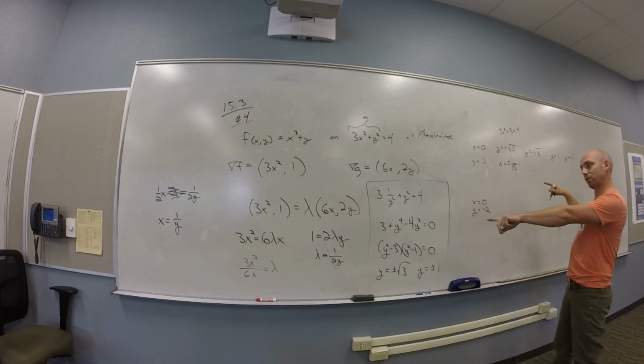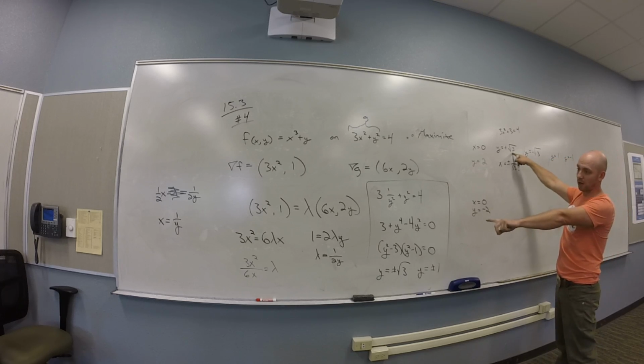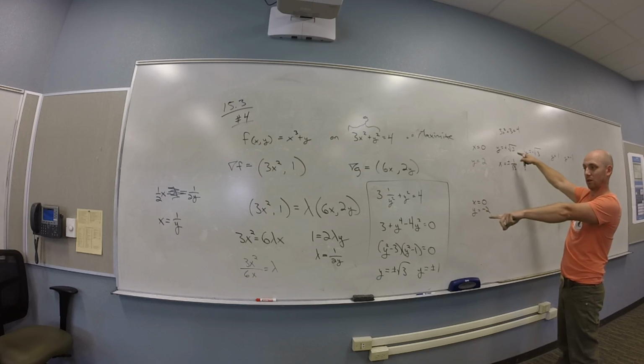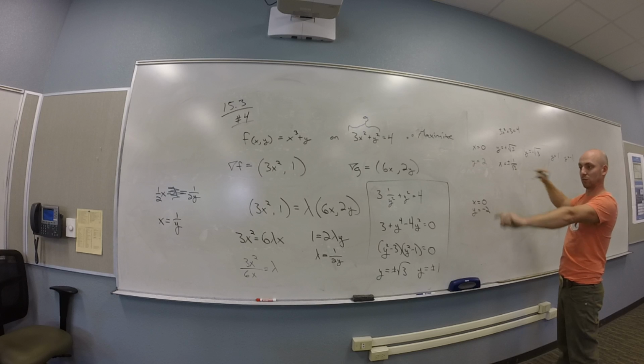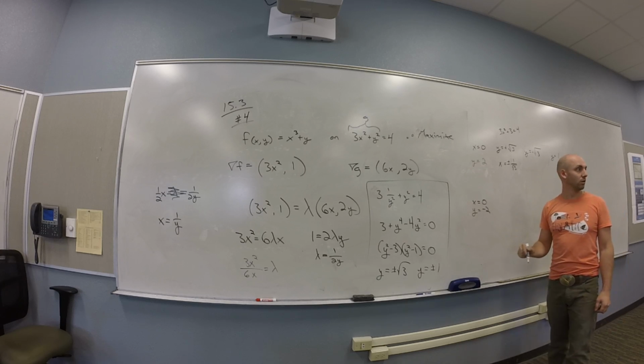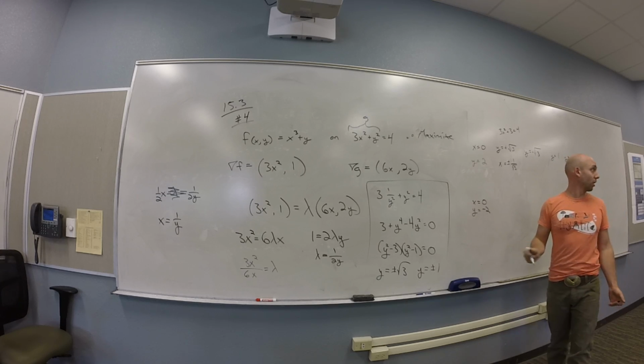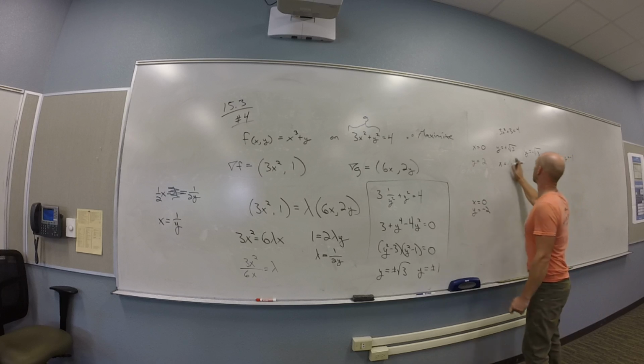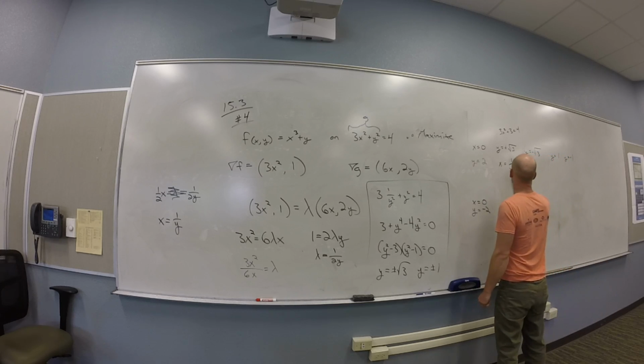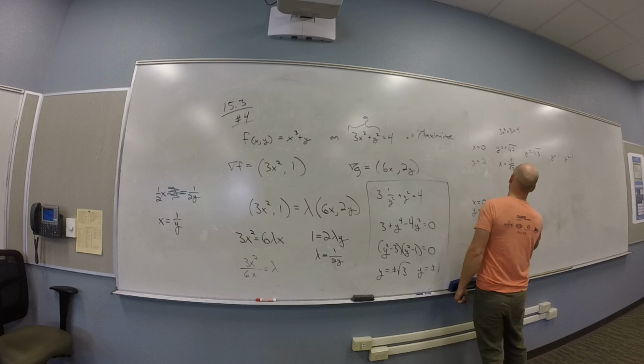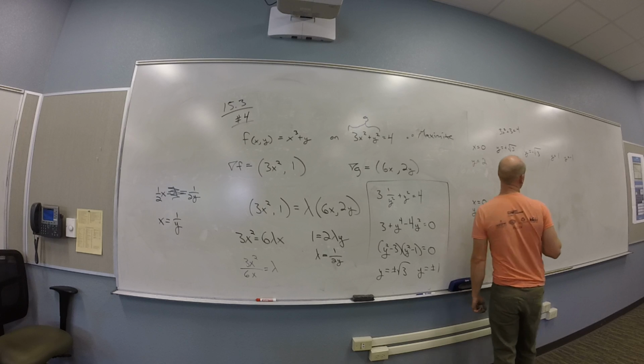And then I just want to think, okay, if y is the square root of 3, that specifies lambda. Oh yeah, it seems like that's working. It should work, because I solved for it. So I get 2 more points out of that. I get x is 1 over the square root of 3 and y is the square root of 3, and x is minus 1 over the square root of 3.